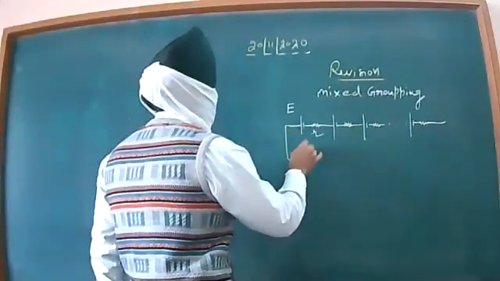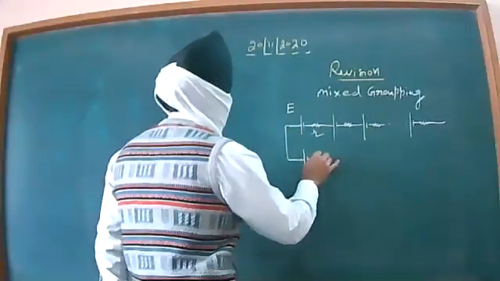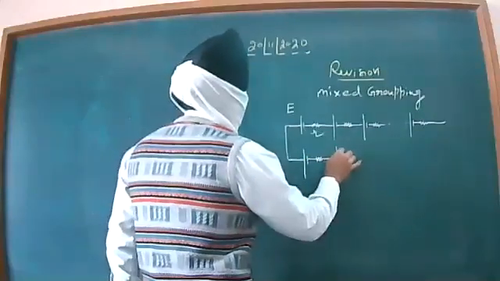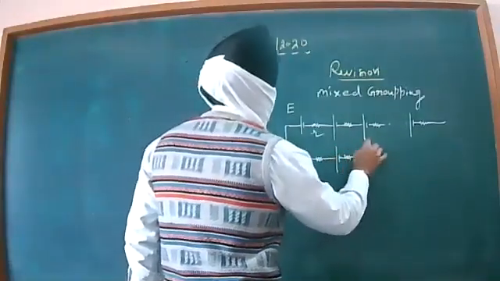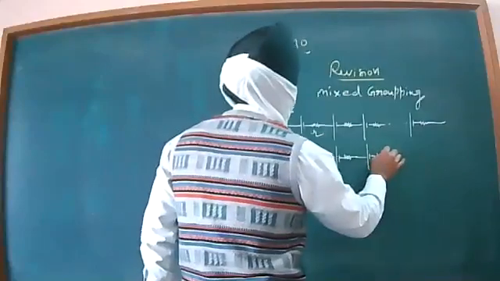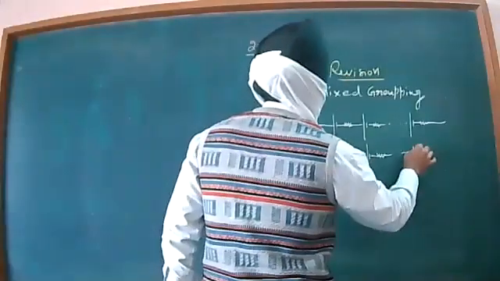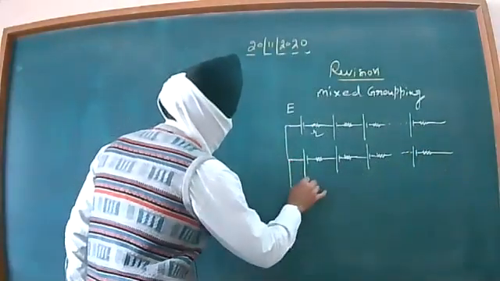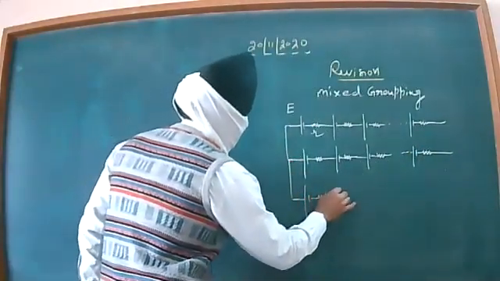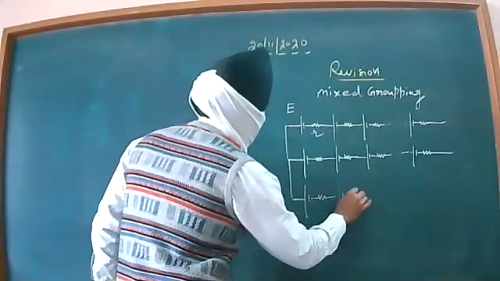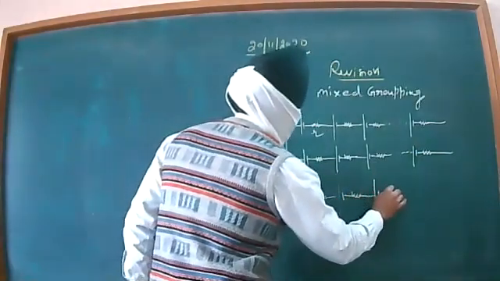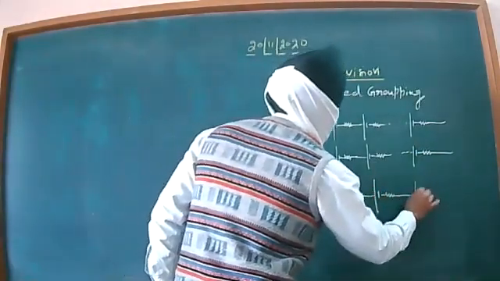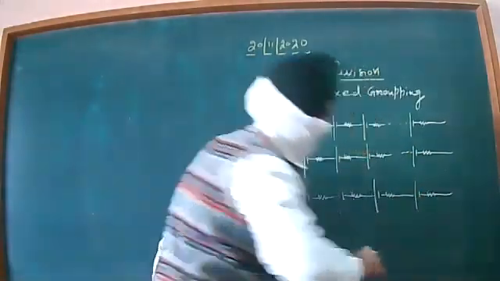Here we have another row of identical cells, with n cells in each row, and this is the third row, in which again we have n identical cells connected.